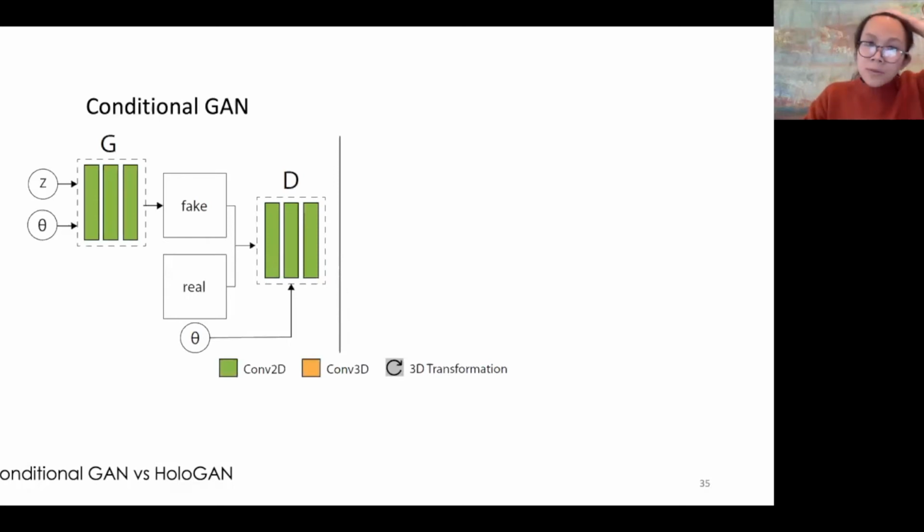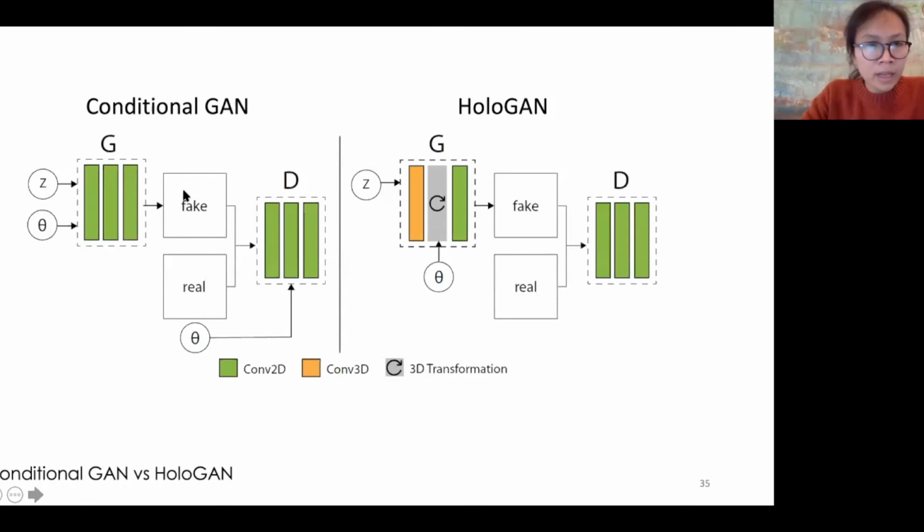Okay, so let's start with conditional GAN. Here we have the generator and the discriminator. The generator takes some noise vector z and some control input, like in this case, a pose, generates an image, and then gives it to the discriminator. And the discriminator judges whether this is a fake or real image corresponding to the particular pose beta.